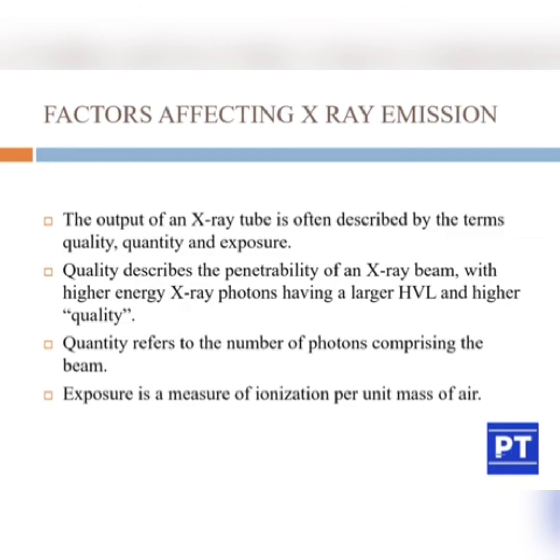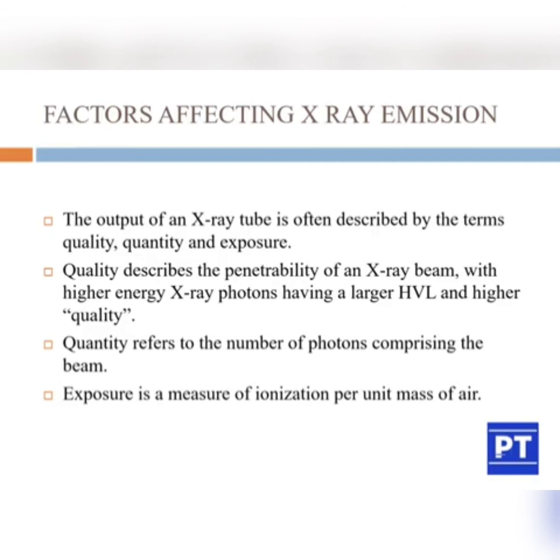As we have studied, X-rays have short wavelength, so they have high penetrating power, and that's the main quality of the X-ray beam we use in diagnostics as well as for therapeutic purposes, since X-rays penetrate deep into body tissue. Higher energy X-ray photons have a larger HVL. HVL means half value layer, and higher quality.